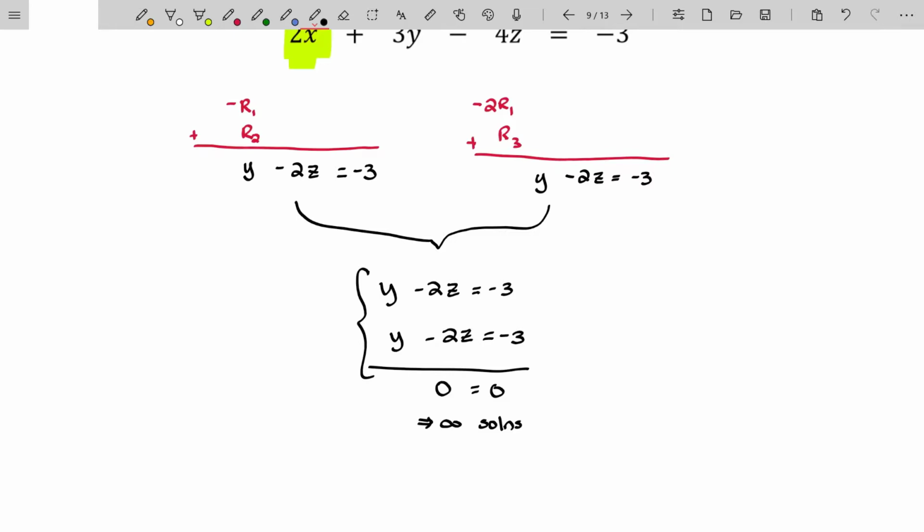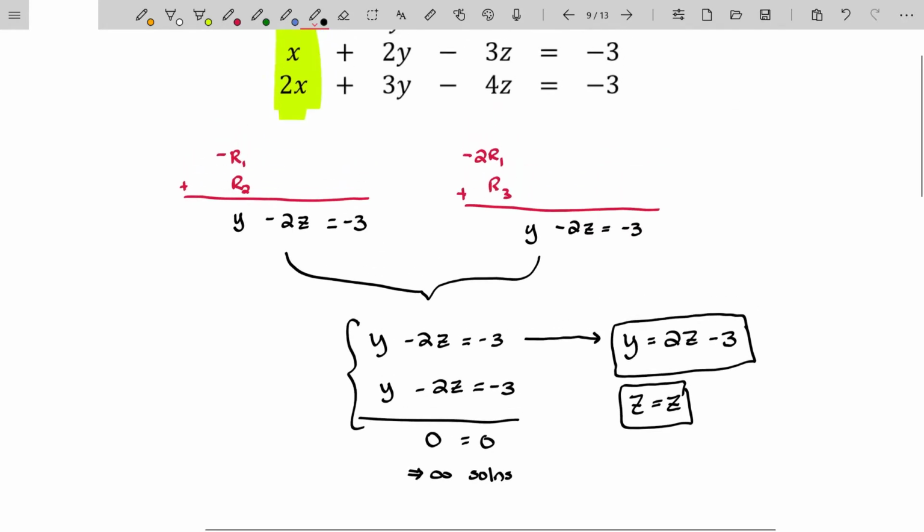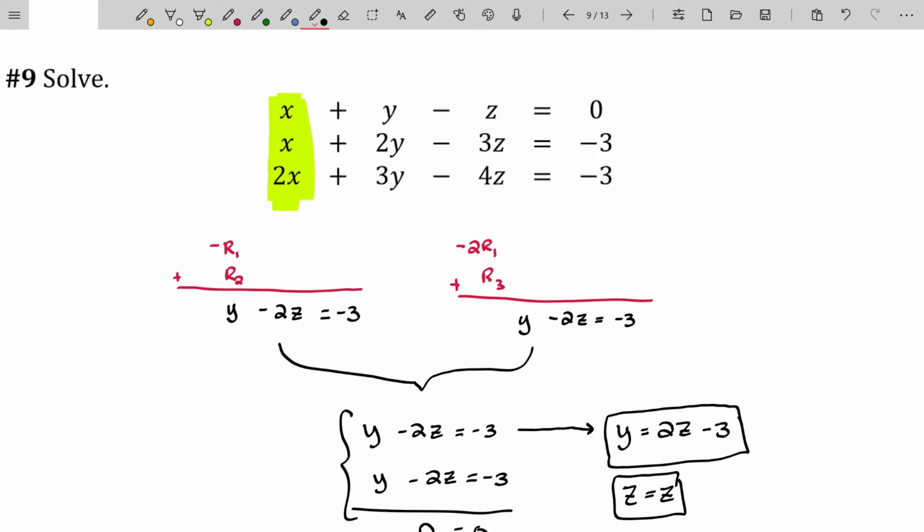And they tell us, hey, if you got an infinite number of solutions, please write them in terms of z. In other words, I want x to be something with z's, and I want y to be something with z's. So I'll just grab this equation there, and I'll add 2z to both sides. I now have y written in terms of z. I know that z is just equal to z. And then I go to any equation involving x and substitute in y is equal to 2z minus 3.